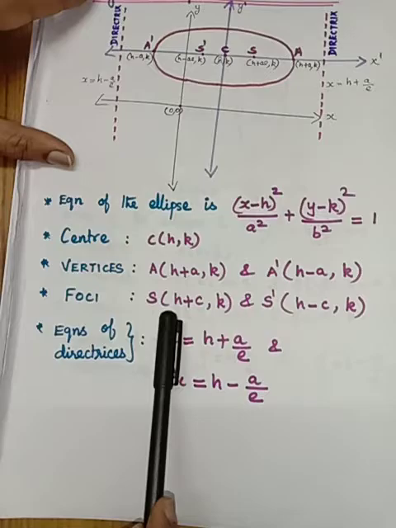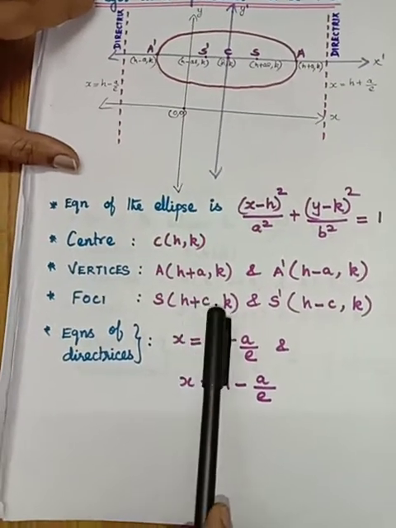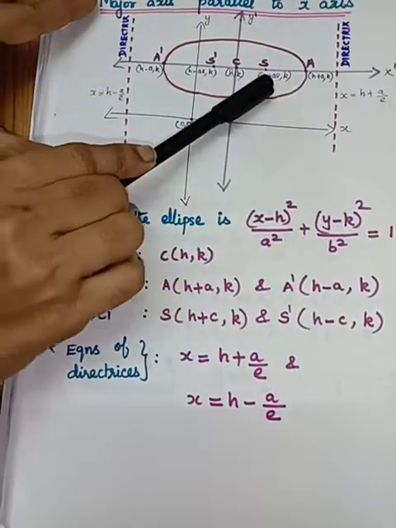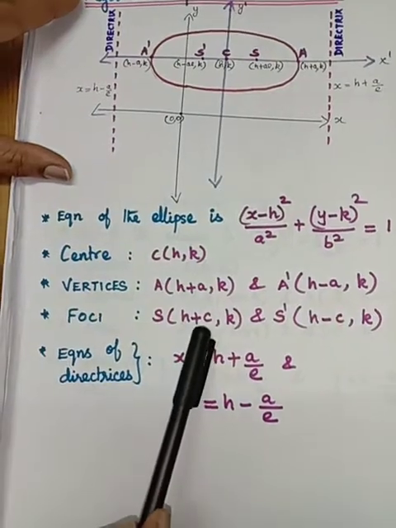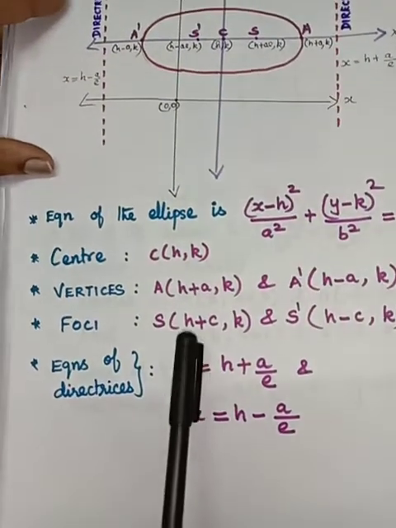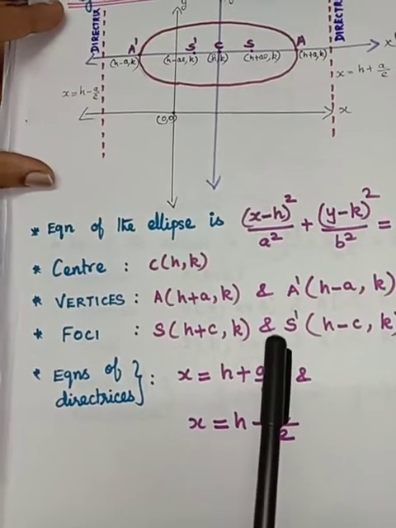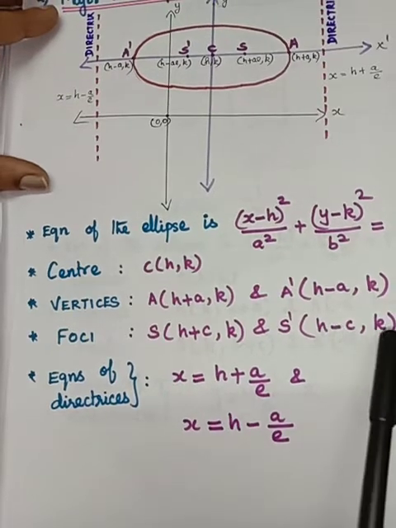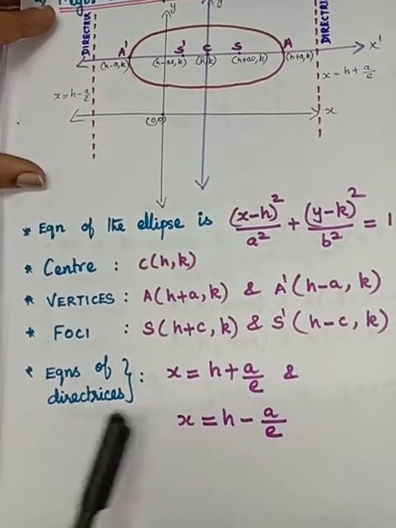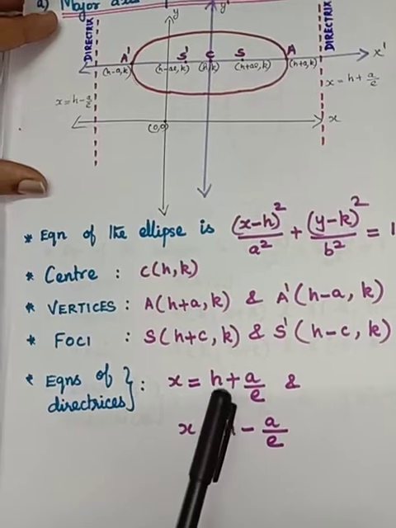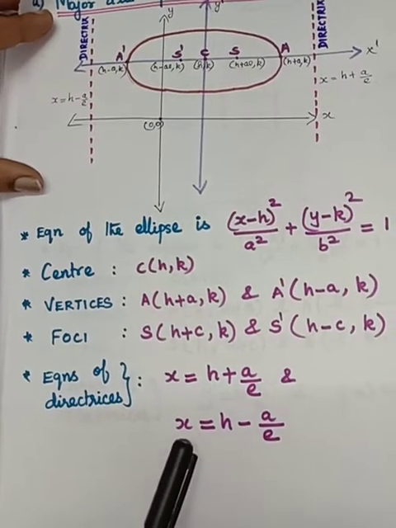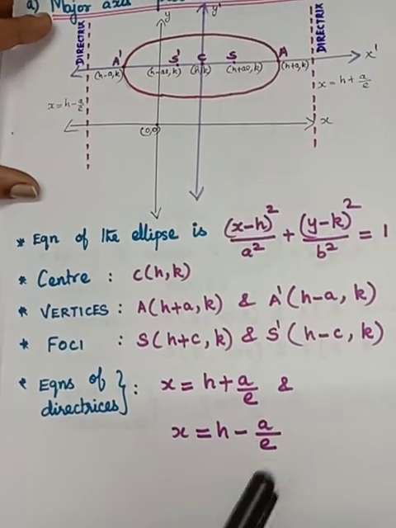Foci are h plus ae; in the place of ae you can substitute c also, both are the same. S is h plus c comma k and S dash is h minus c comma k. The equations of directrices are x is equal to h plus a by e and x is equal to h minus a by e.